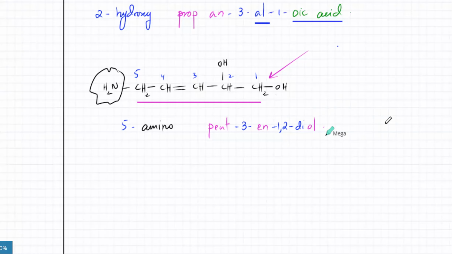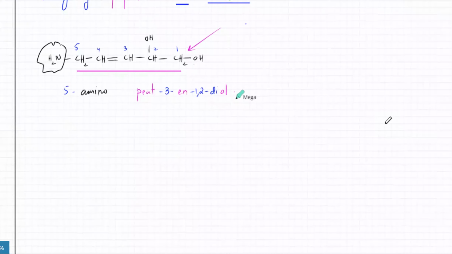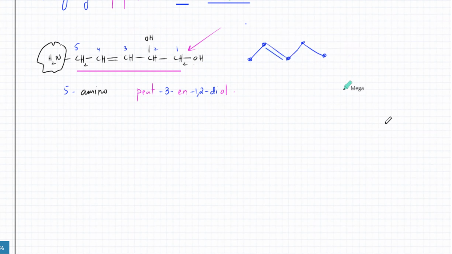Yes, sir. I'm just now moving to the last one, and I'll quickly draw the skeletal formula as well. It's 1, 2, 3, 4, and 5 carbon atoms, and there's a double bond between the third and fourth.